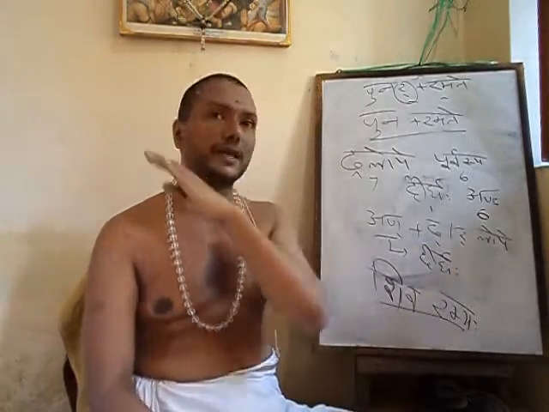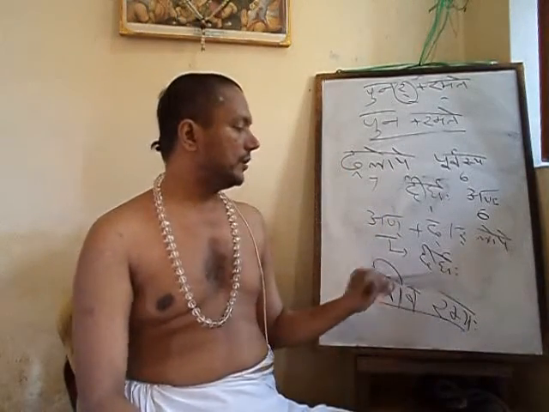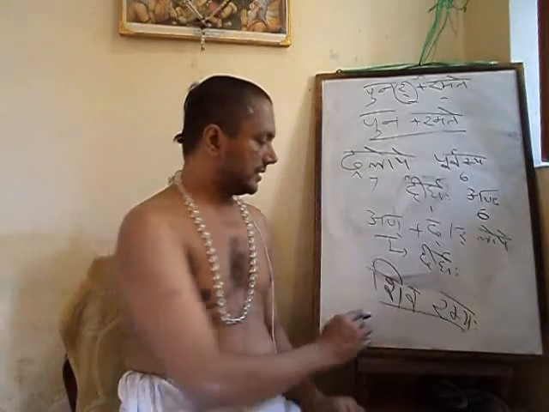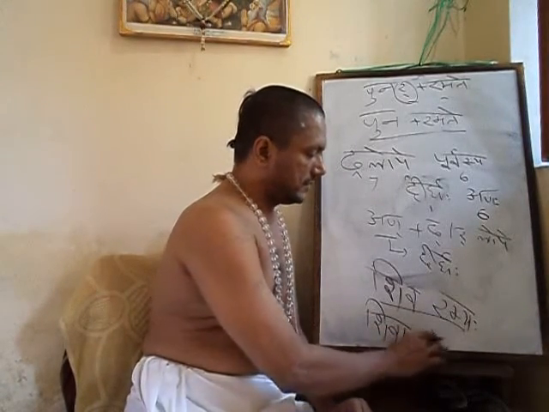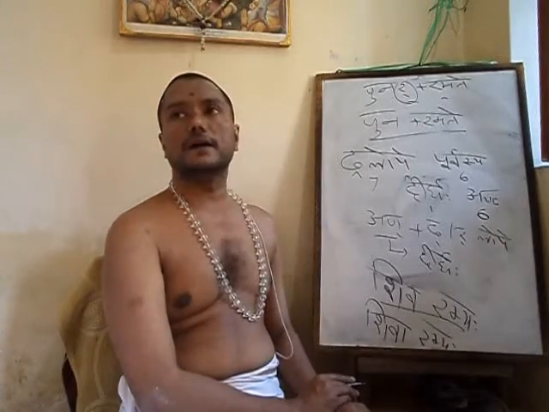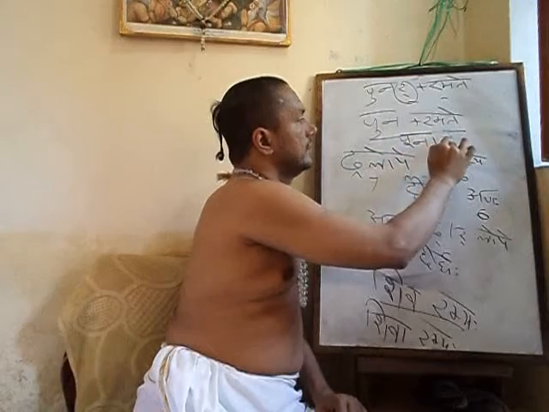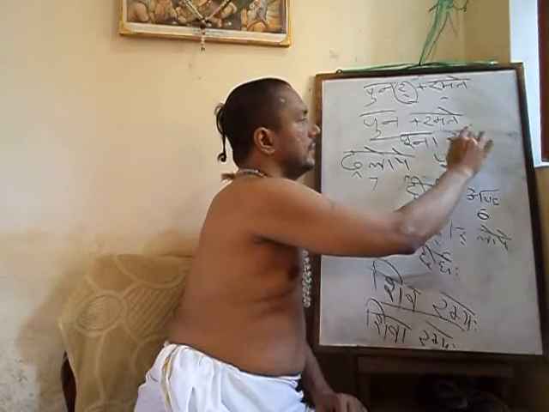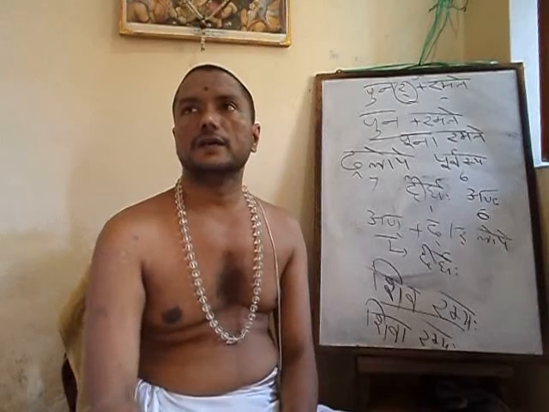Here, in all the other places, it is only the first nakara. Okay? A, I, U. A follows. Therefore, this becomes a. Shiva Ramya. Here also Puna Ramate. Okay? Shiva Ramya Puna Ramate.